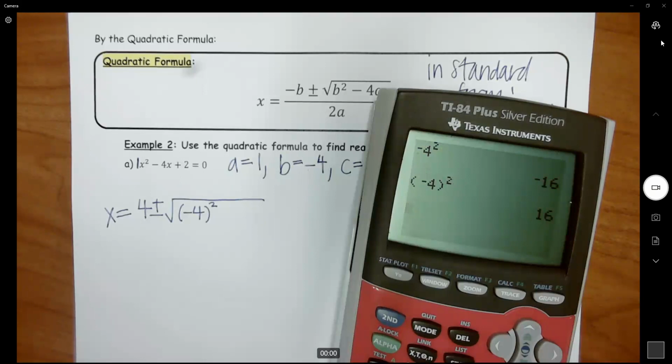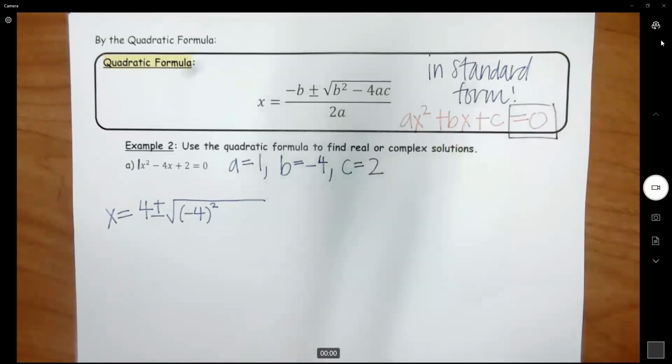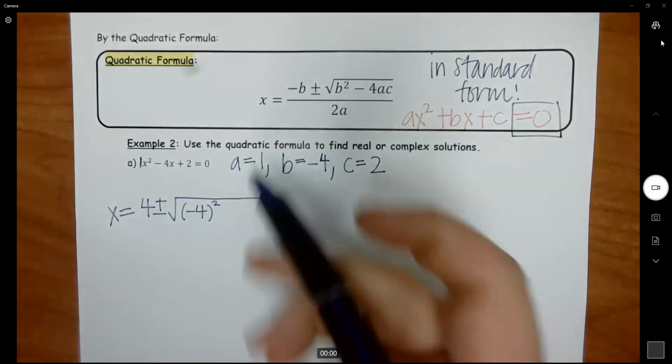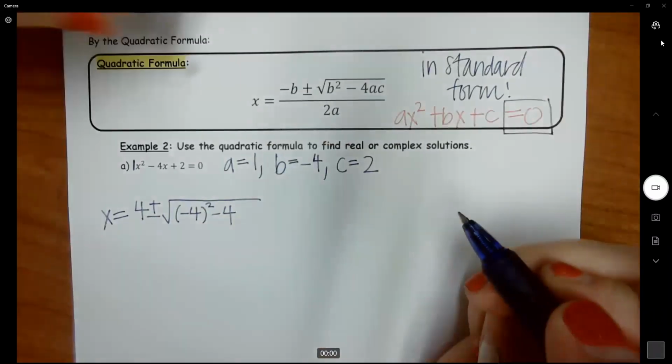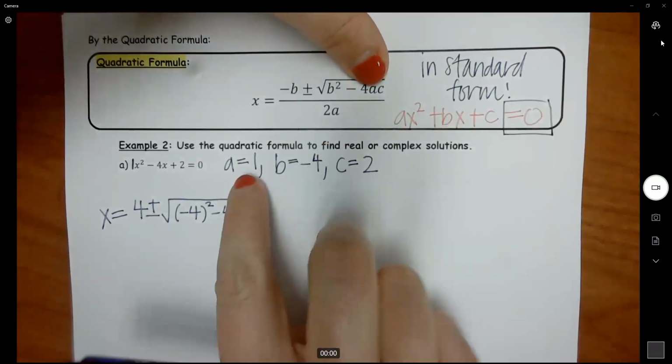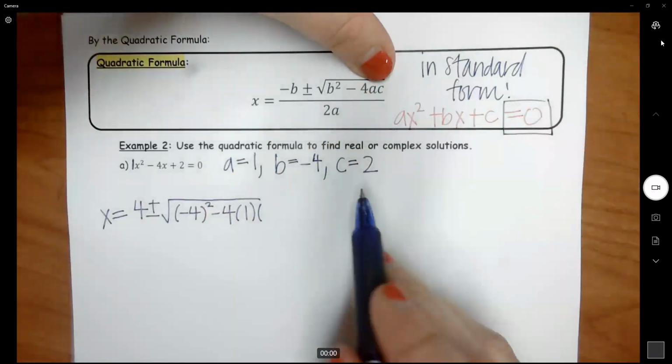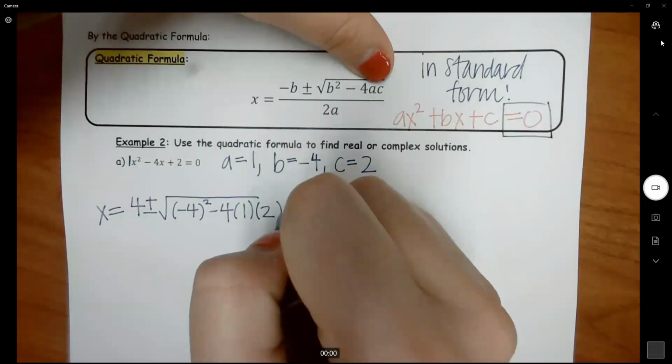So that will change your answer if you do not use parentheses there, specifically with a negative number. So b squared minus 4 times a, my a is 1, times c, which is 2.